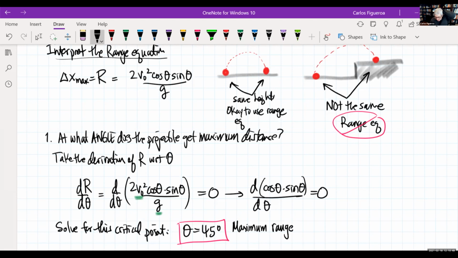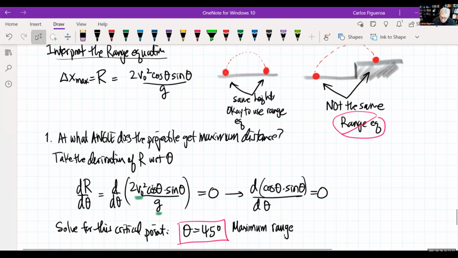Now with air resistance, it changes. It turns out that depending on the air density and stuff like that, it's about an angle of 52 degrees. So what does that mean here? If you think about this physically, what's special about 45 degrees?